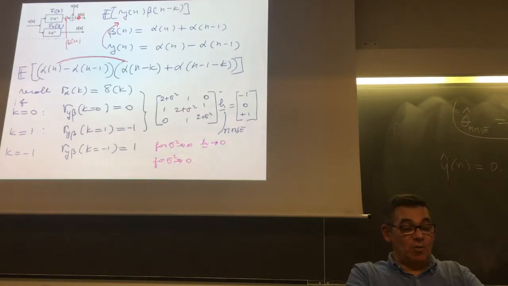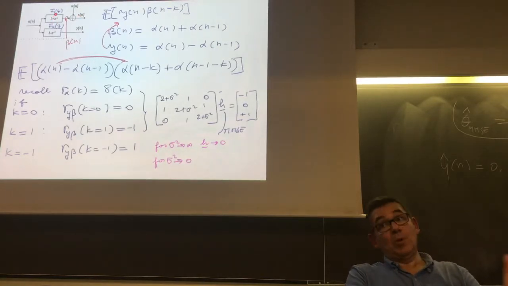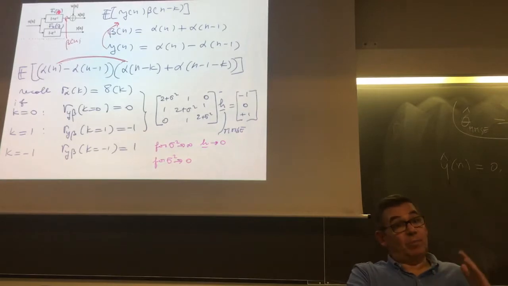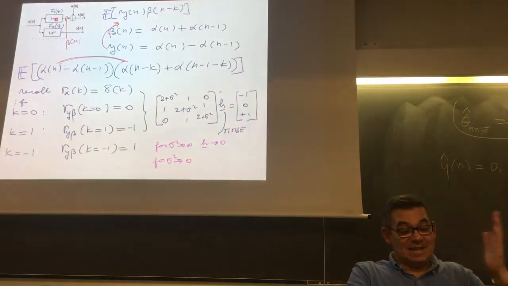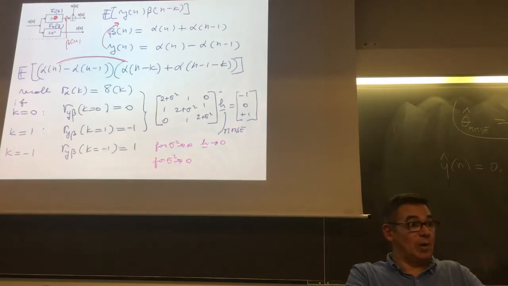But to do so, I need to invert this filter, which is composed by 0, so I need a pole. But in my system, I'm not using a pole, because I don't have the possibility to generate a pole.